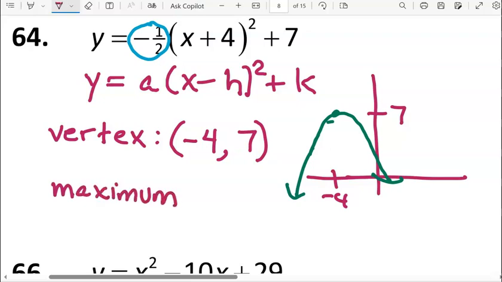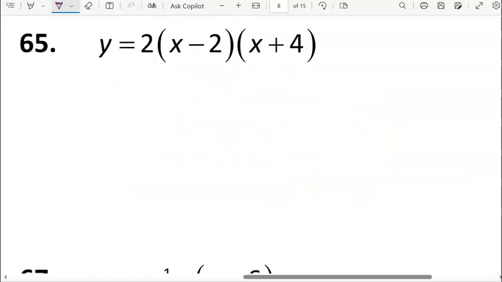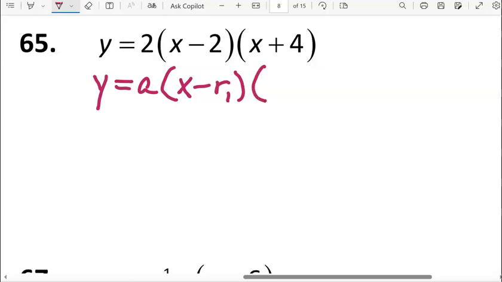for that quadratic function. In 65, we have a function that is written in factored form, which is y equals a times x minus r1 times x minus r2. So r1 and r2 in this case are the intercepts of the graph.